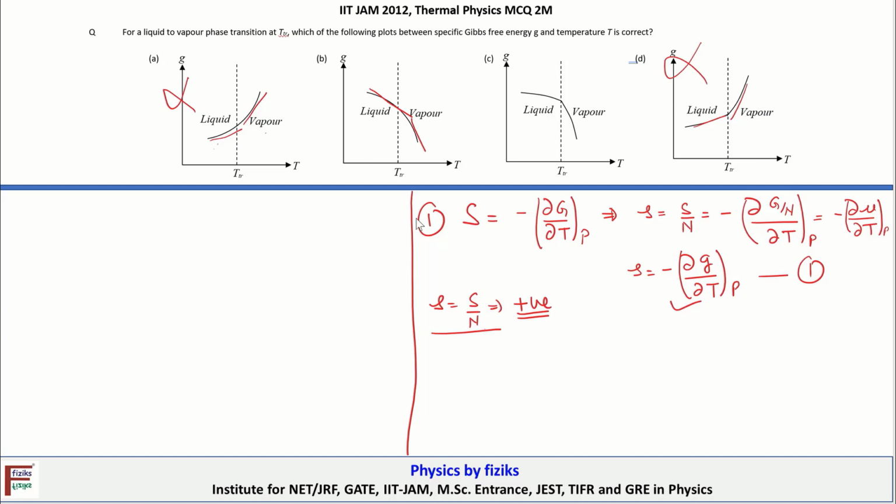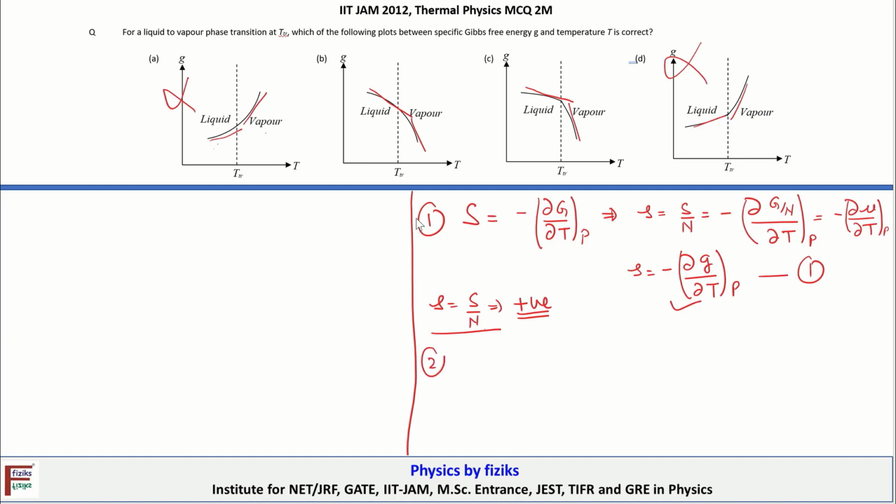So in B and C, both curves have a negative slope. The correct option will be either B or C. So let's try to understand how we can identify that.